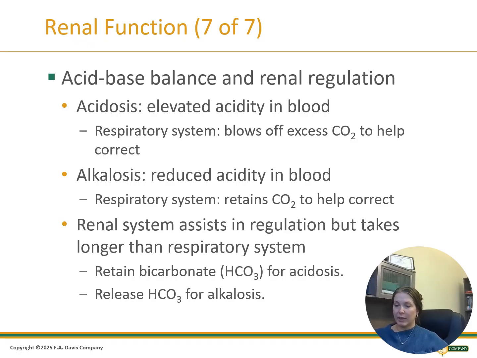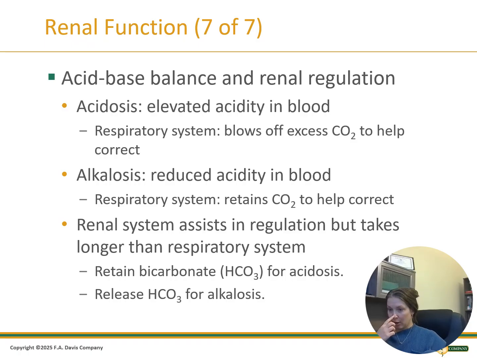So alkalosis, we have a decrease in the acidity of our blood, so there's going to be a high pH. For respiratory compensation, we are going to start breathing slower. We'll have hypoventilation to help retain that CO2, and that's going to drive up our acidity.